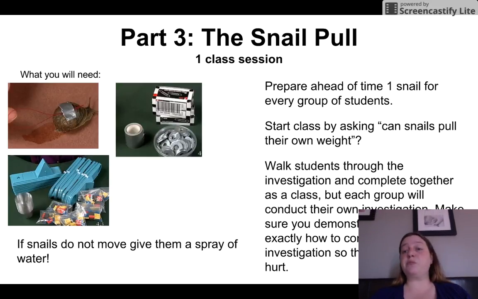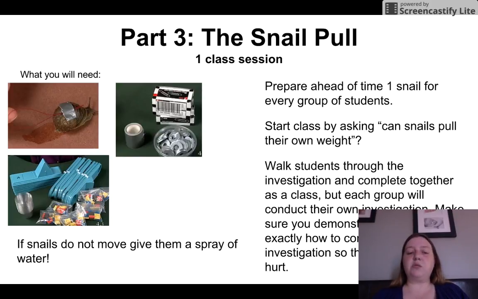Start the students off by saying, can snails pull their own weight? See what students have to say. Walk them through the investigation. You can complete it together as a class, but what I suggest doing is just show the students how to set it up and then let them investigate in their groups. So each group gets one snail to work with, but one backup snail just in case the first one's a dud.